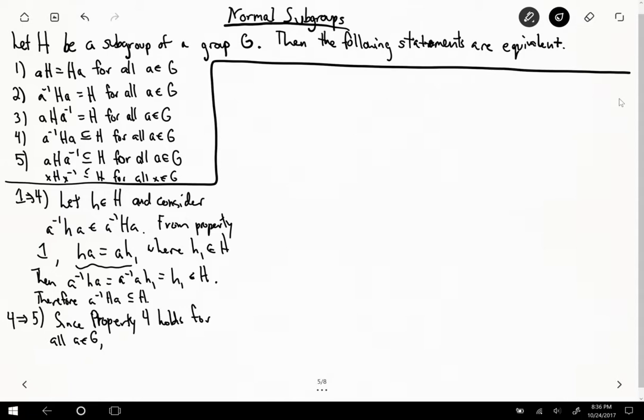So if you look at that last one, since it holds for all, let A equal X inverse.